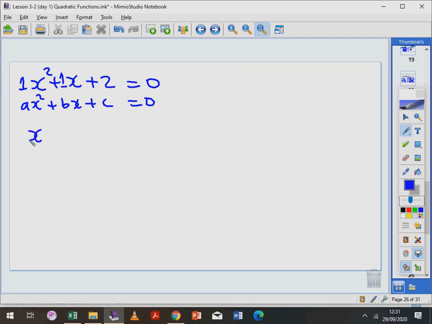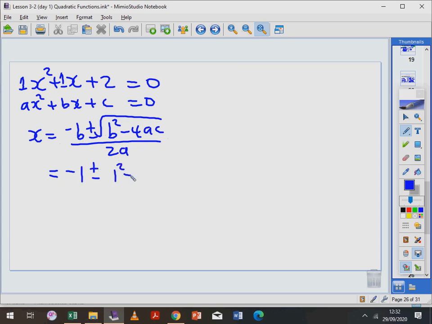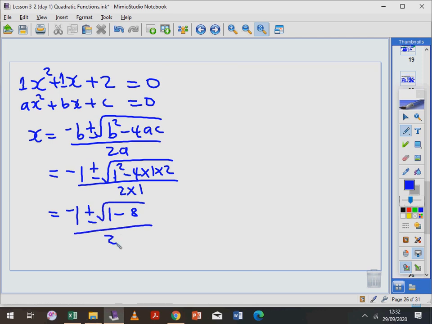So x is negative b plus minus square root of b squared minus 4ac, all divided by 2a. Negative b plus minus square root of b squared minus 4 times 1 times 2, all divided by 2 times 1. Negative 1 plus minus square root of 1 squared is 1, 4 times 1 times 2 is 8, all divided by 2.